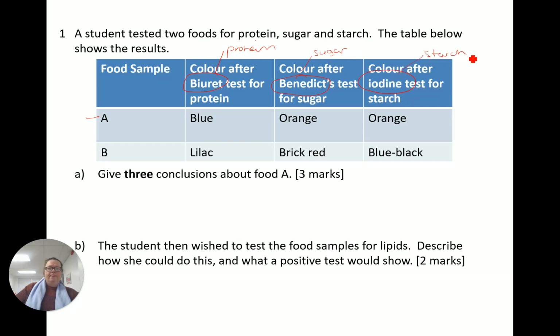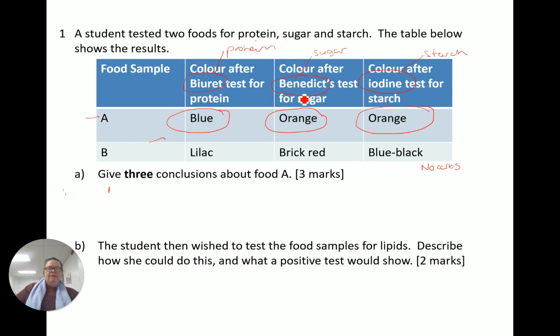Okay. Give 3 conclusions about food A. Oh, interesting. Okay. So food A went blue in the Biuret, it went orange in the sugar, and it stayed orange in the iodine. So let's start with this one. If it stayed orange, food A has no carbs.